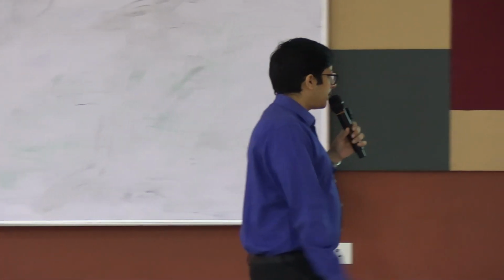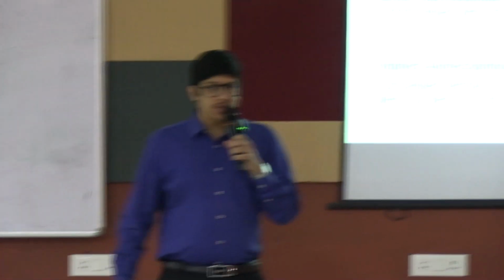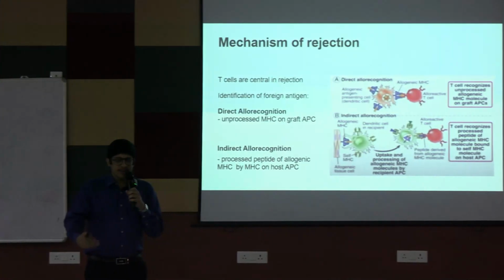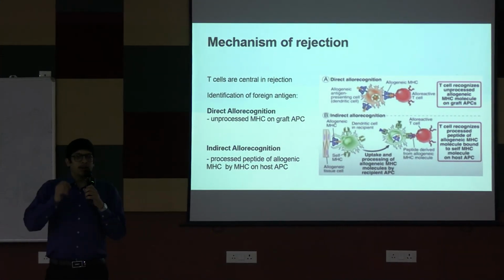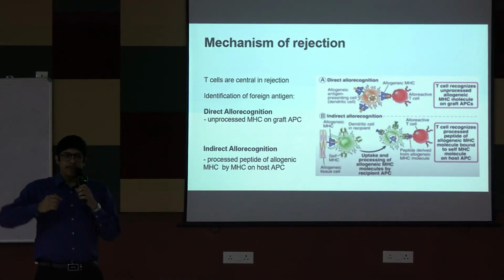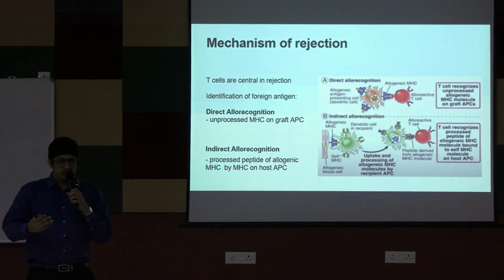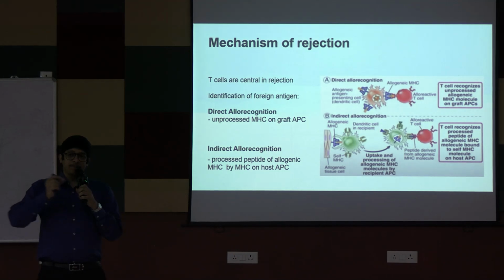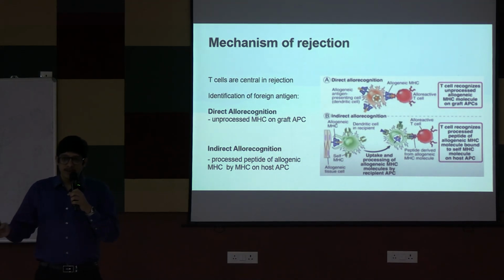The basic principle is that direct allo-recognition is a faster process whereby the proteins and the MHC present on the donor graft tissue are identified by the T cells of the body directly.